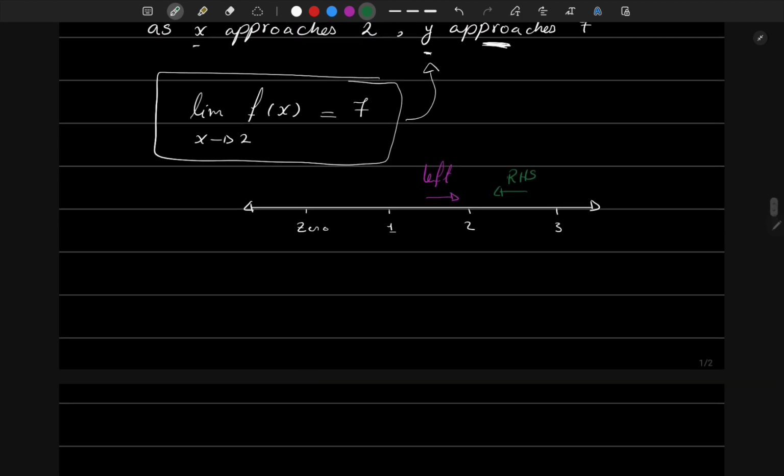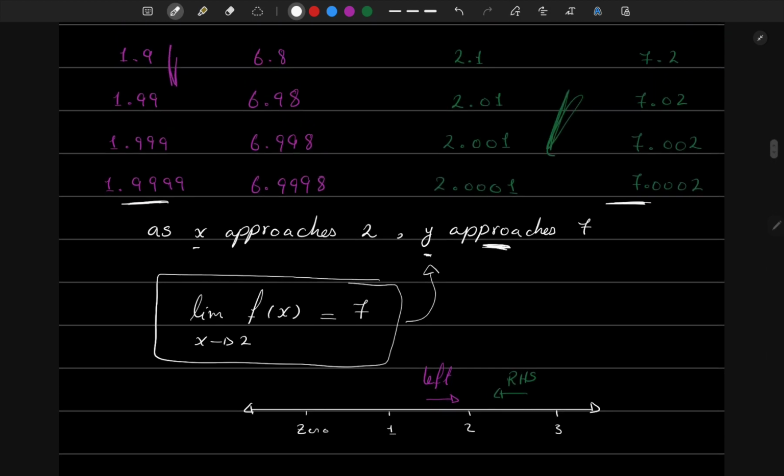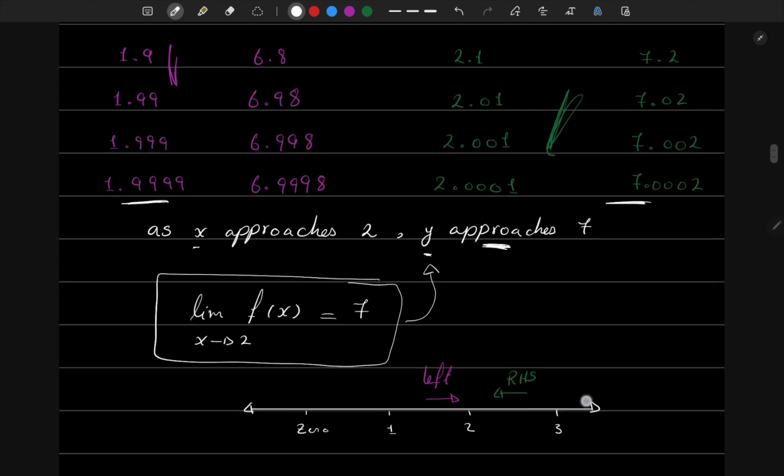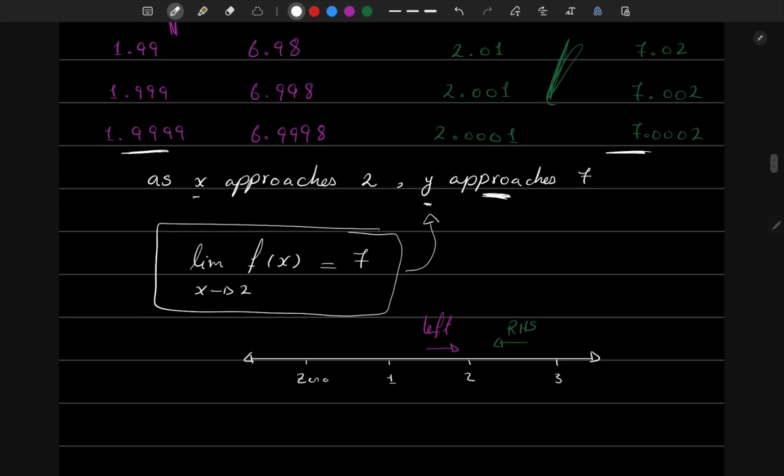In this specific function, both of them will approach 7. In different functions, they may have different approaches.